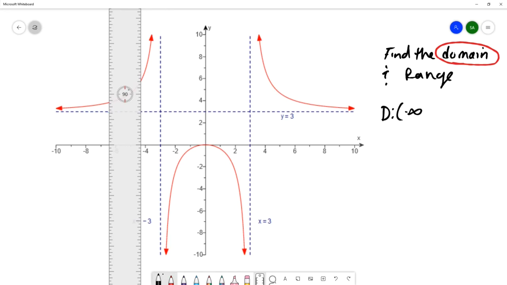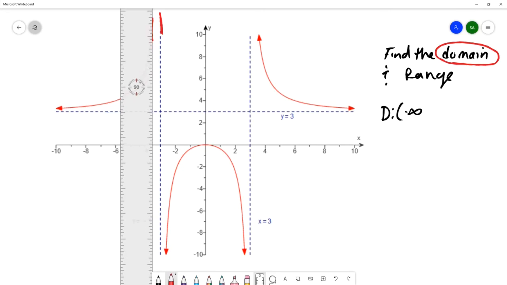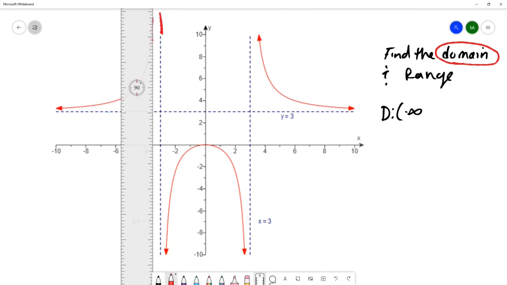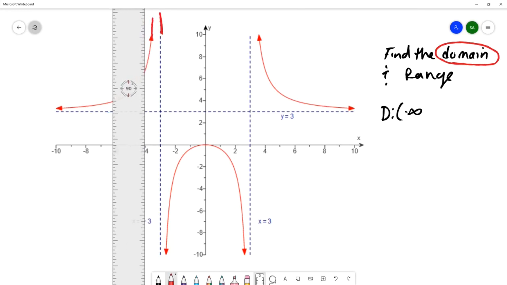This arrow means that the pattern is going to continue going up and to the right, but it will be blocked by this line here. It will never reach that line, and that means the domain is going to stop or take a break at that value. So we know the domain stops at this value of -3.